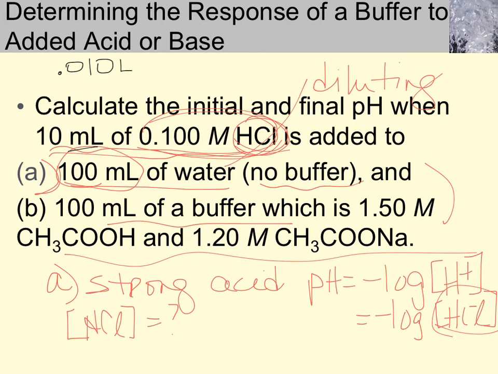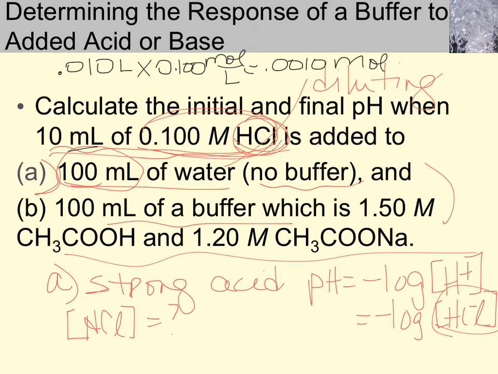Okay, and you multiply it by the molarity of the HCl you started with. You can find out how many moles of the HCl that you added.